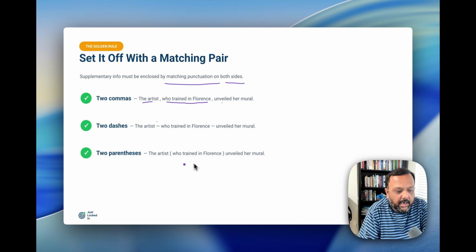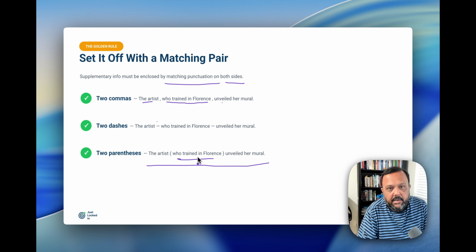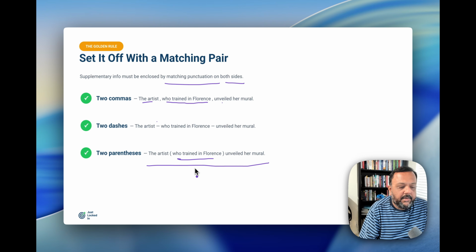This had nothing to do with the unveiling, but providing this context is useful because whoever is reading the sentence may benefit from knowing that this artist trained in Florence.